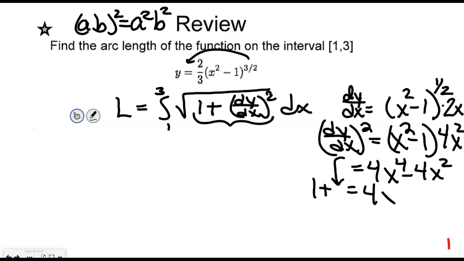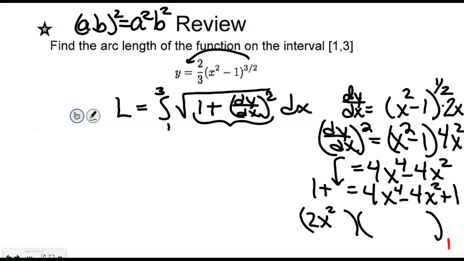So I have 4x to the 4th minus 4x squared plus 1. If that is not a perfect square, I've got to really clear my brain and attack it again. Don't even try to go forward. So let's see if it's a perfect square. 4x to the 4th makes me feel really good because it's 2x squared and 2x squared. 1 makes me feel good because it's 1 and 1.